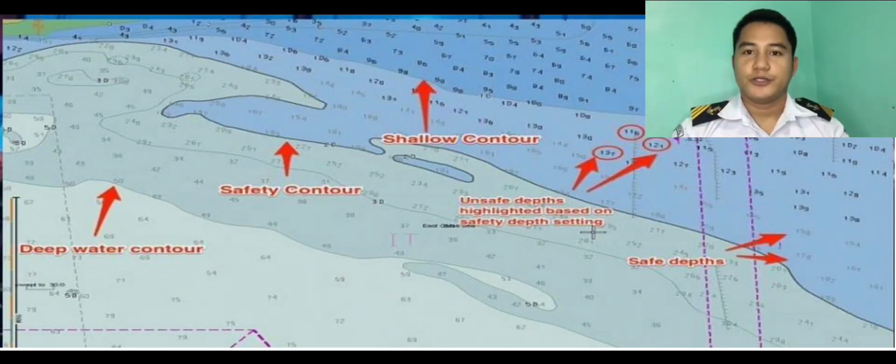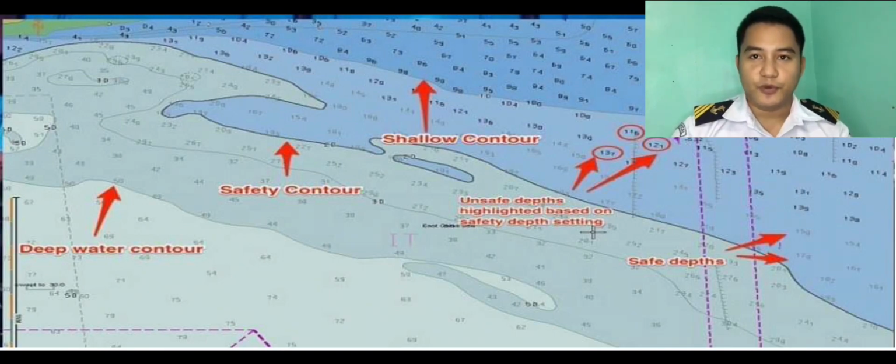Deep contour. This is a relative term, and the user is free to set it as per what he believes could be deep water for him. For me, deep water could be 50 meters, while for others, it could be 30 meters or 100 meters. But there are a number of ways we can use the deep water contour.